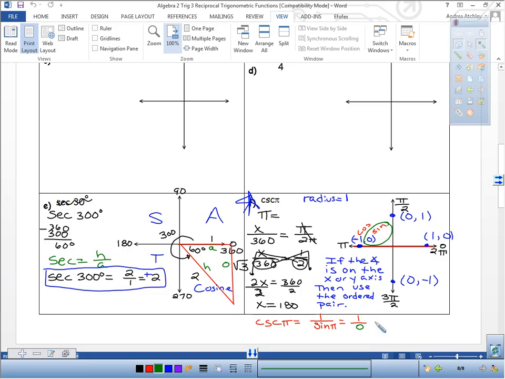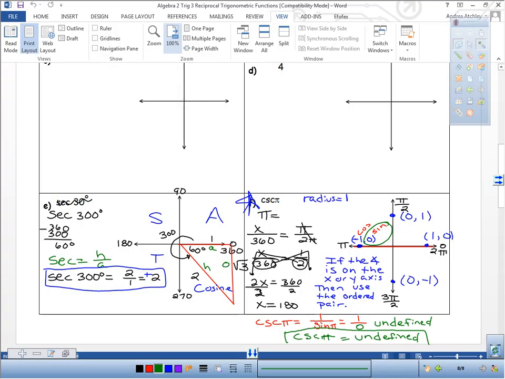No. This is undefined. So cosecant of pi equals undefined. Any questions over that?